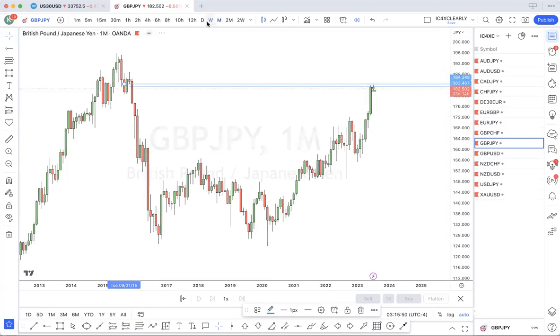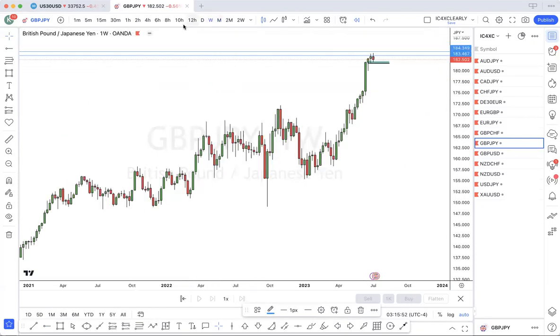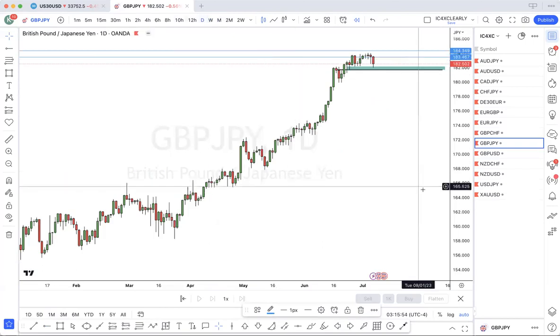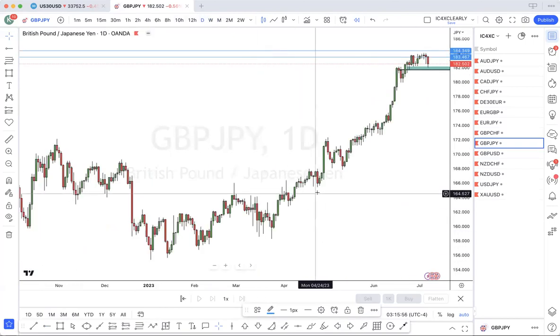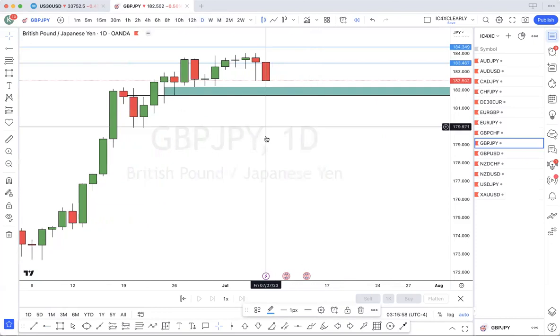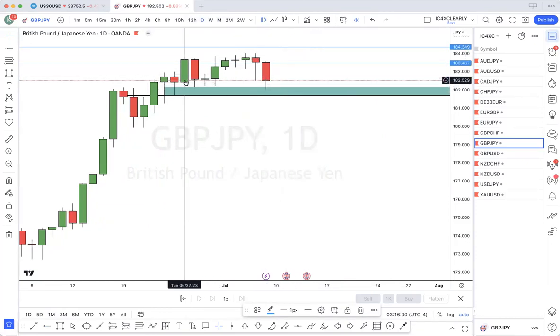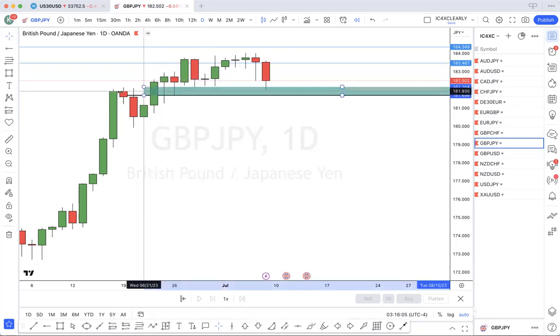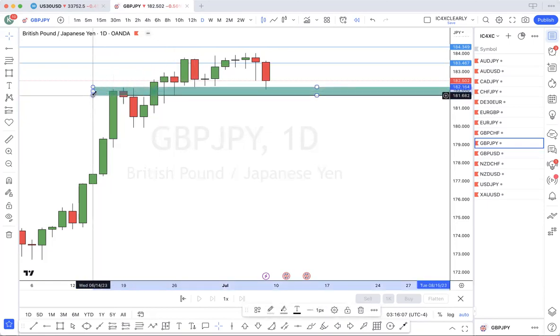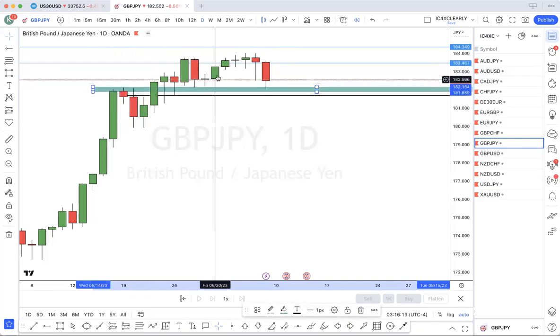So I would take a guess to say that price may push into these wicks right here, and it has actually formed a key level where you have resistance turn support.